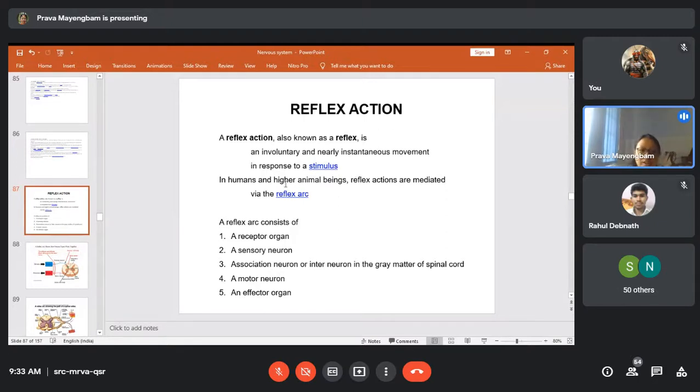So in humans and higher animal beings, reflex actions are mediated via a reflex arc. What do you understand by an arc? What's the meaning of arc?